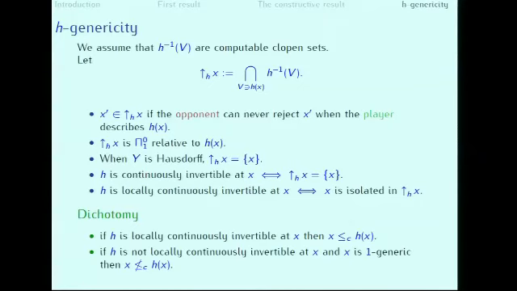So because of that, we have directly a dichotomy: if H is continuously invertible at X, then X is computable from its image. And for 1-generic points, we have exactly the opposite. If H is not continuously invertible, then it is not computably invertible.